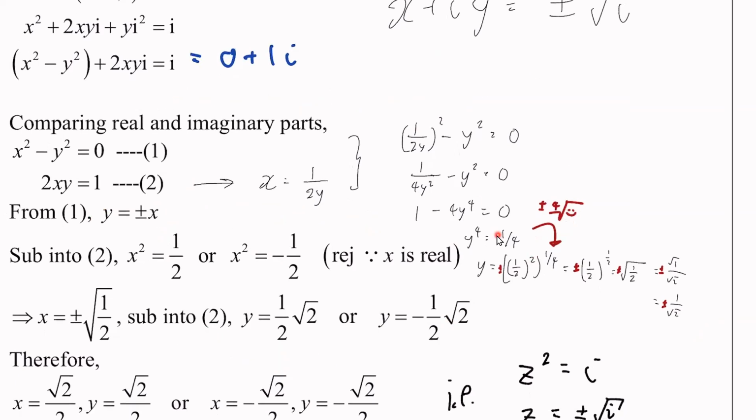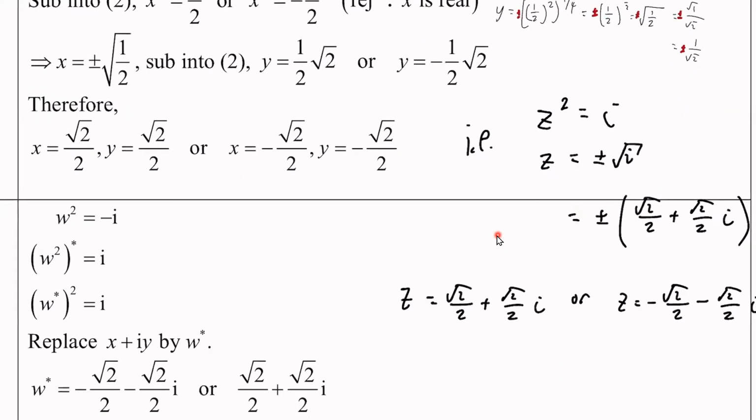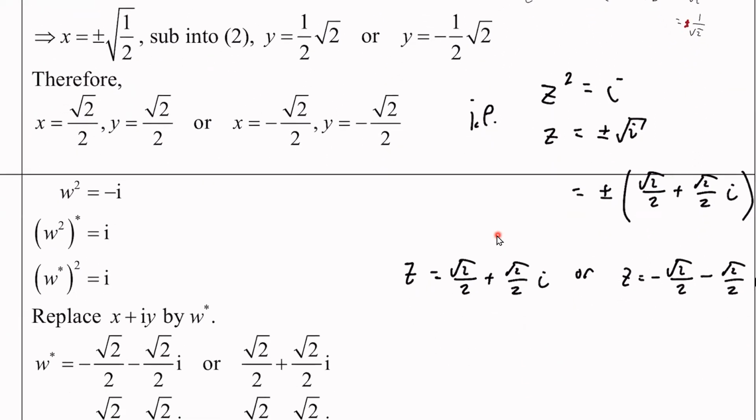Let's scroll down. In this case, we got the x and the y solved already. So we are essentially done. x equals square root 2 over 2, y equals square root 2 over 2, or the negative version. Okay, how do I get this to go?